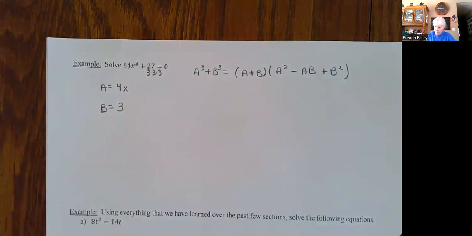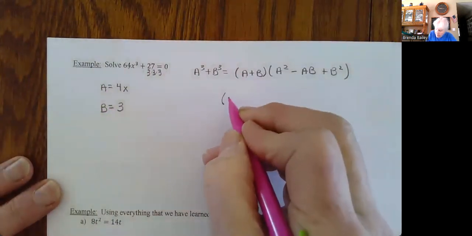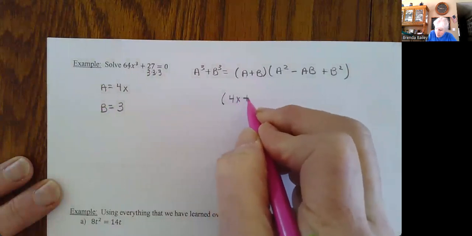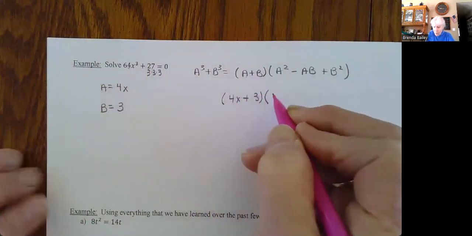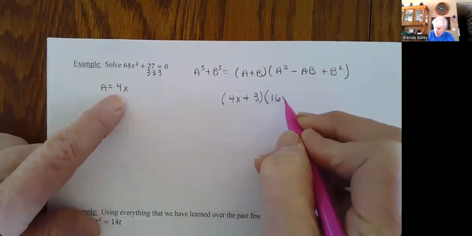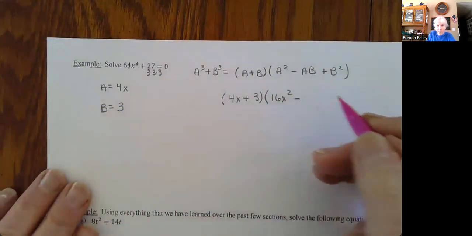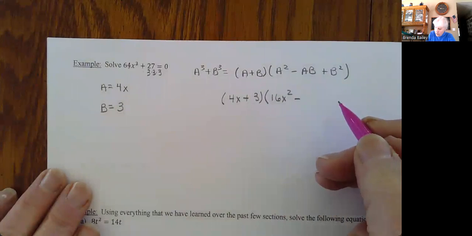Now, let's fill in our formula. We've got 4X plus 3. You square that, and you're going to get 16X squared. And you square the 4 and the X, minus, multiply the A and the B together, so you get 12X.